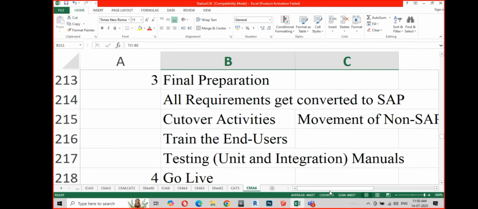I sit with the end user and show him how he needs to practically work on the SAP system once they go live. So even before the 15th of January 2026, I should have completed all these activities.